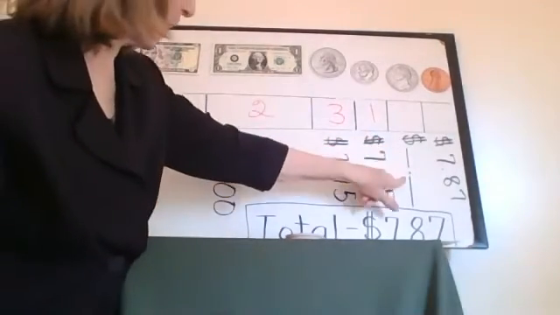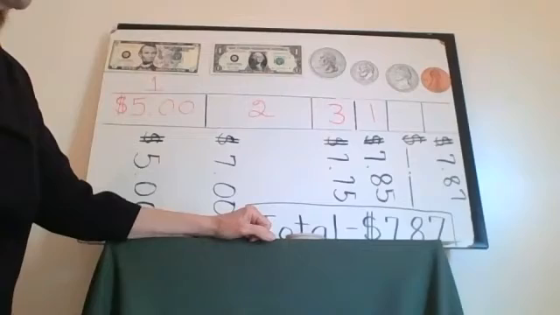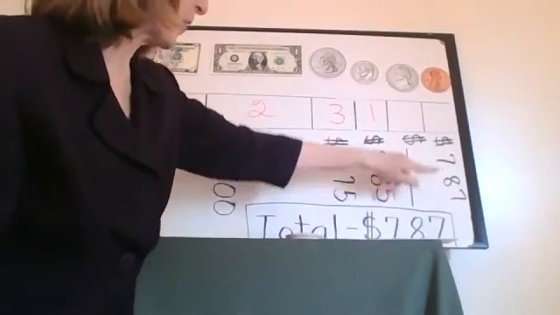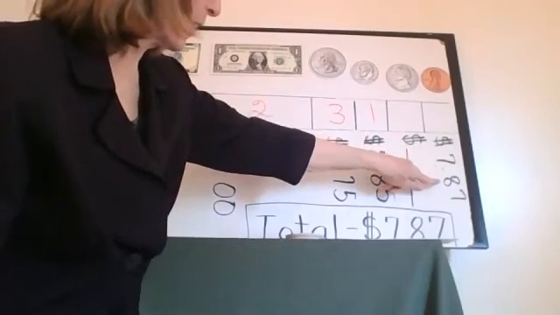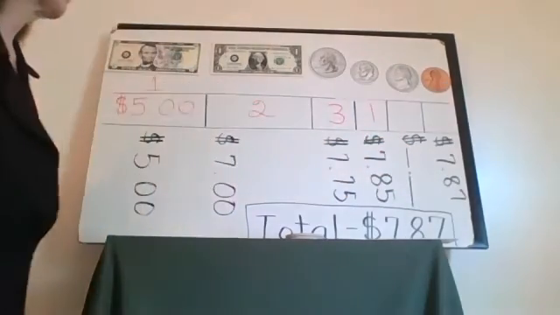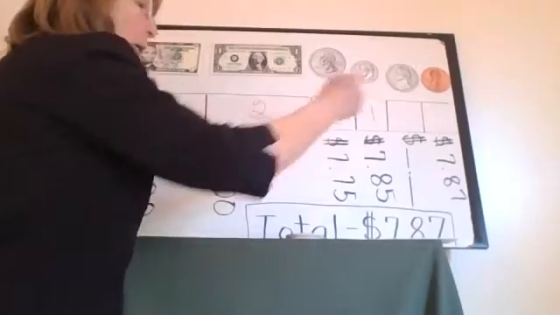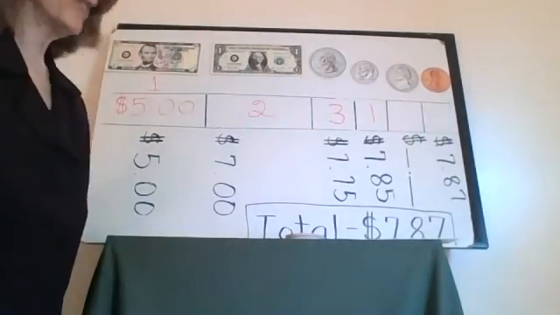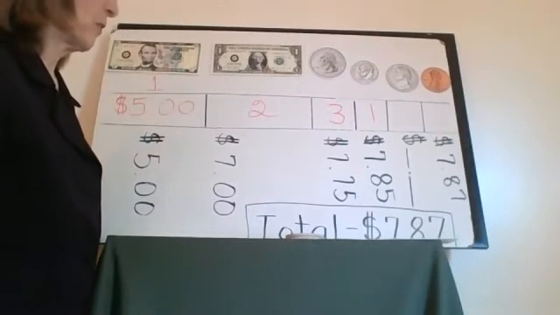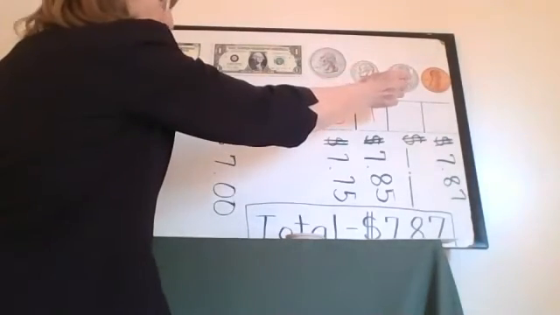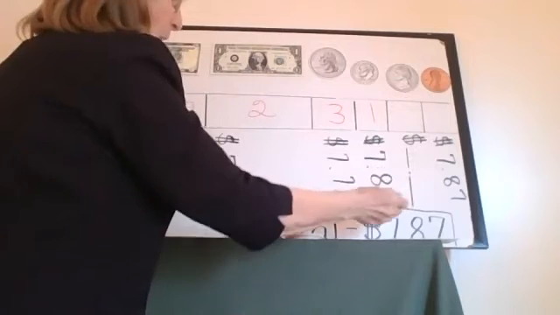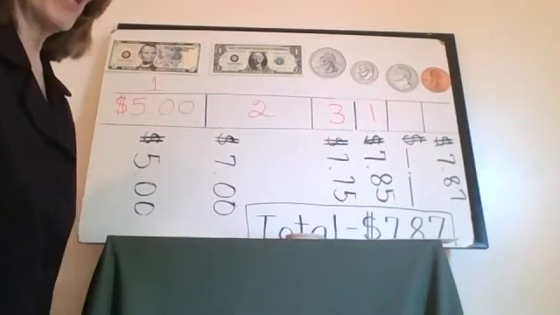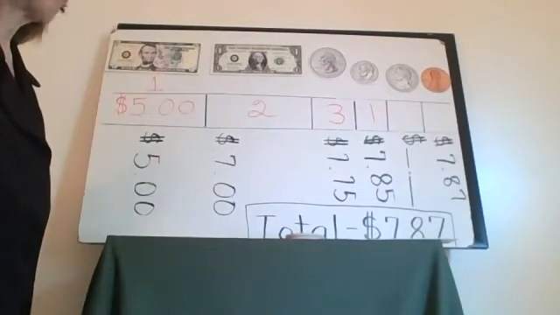Okay, do you see that I left that blank? There's a reason. I need to get to $7.87. So why did I leave that blank? Do we need a nickel? Do we need at least maybe 1 nickel? Well, if I added 5 cents, because that's how much a nickel is, to the 85, I would have 90.